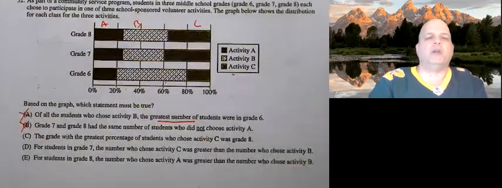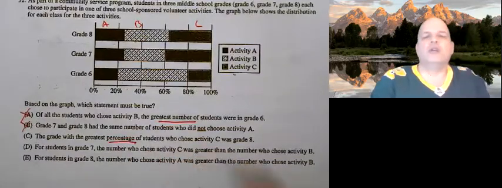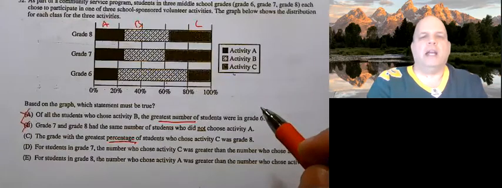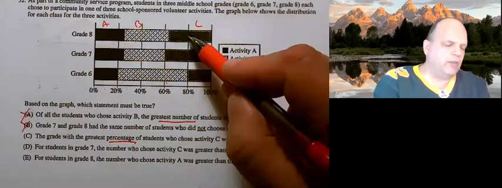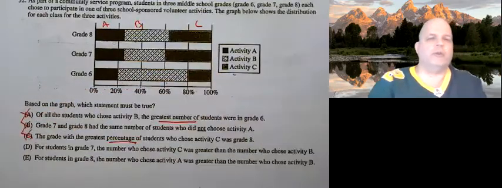The grade with the greatest percentage of students who chose activity C was grade 8. Okay, there's activity C, and it looks like that's false. Grade 7 had the most.